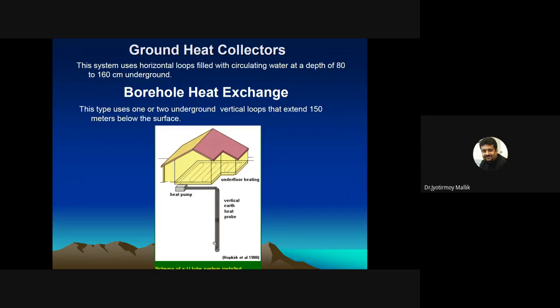It goes down, and it gets heated up because of the temperature difference between the surface and beneath, and the hot water comes up. That hot water is circulated through your floor, and when it loses the heat in this process, the cold water is pumped back again and the hot water comes up. This is what we call borehole heat exchange, and this is used typically for space heating, as I said.